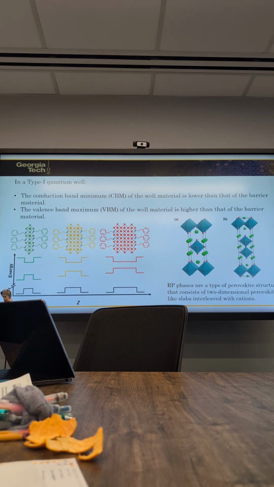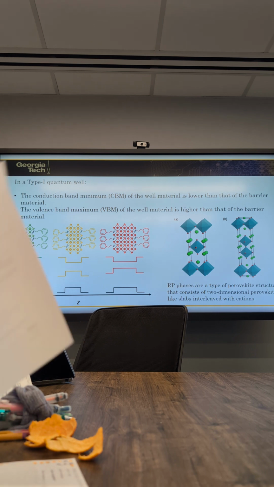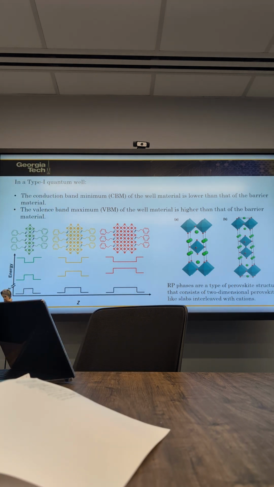We have different types of quantum well, I didn't know that, so I looked it up. In the type 1, the cations work as barriers. That means you change your conduction and valence band to create a quantum well in the middle. I don't know if you notice the figures, in all the cases the organic cation is a barrier.